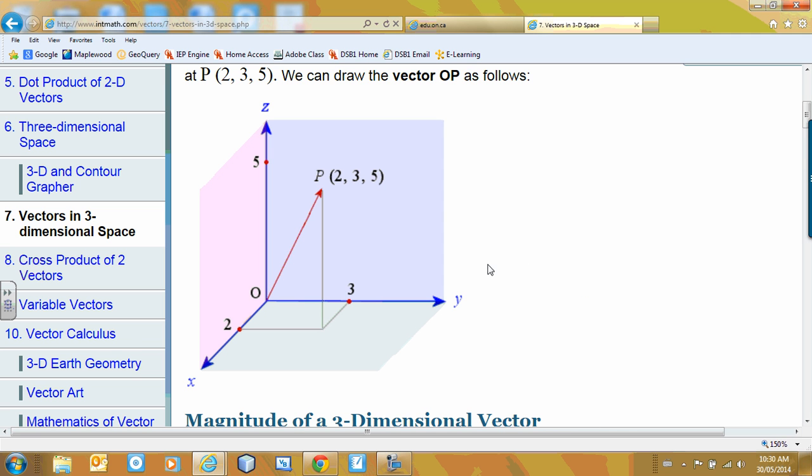Ideally, this would have been marked up with square brackets, but the same idea holds true. If I'm drawing a vector to that point, out 2, over 3, up 5, you can visualize it that way.